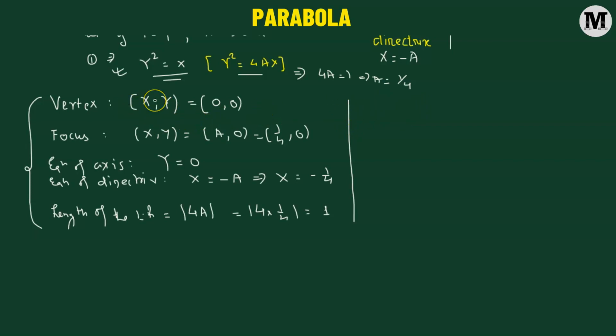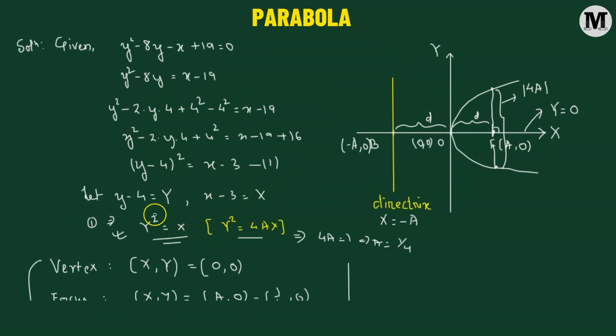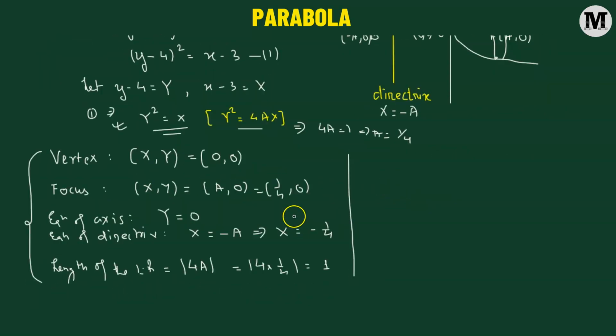That's fine. All you have to do is replace the value of x. Here we consider X to be x minus 3 and Y to be y minus 4. So if we replace the value of x with x minus 3 and the value of y with y minus 4, that's the vertex. Now we can rewrite this as x comma y, which will simply equal 3 comma 4.